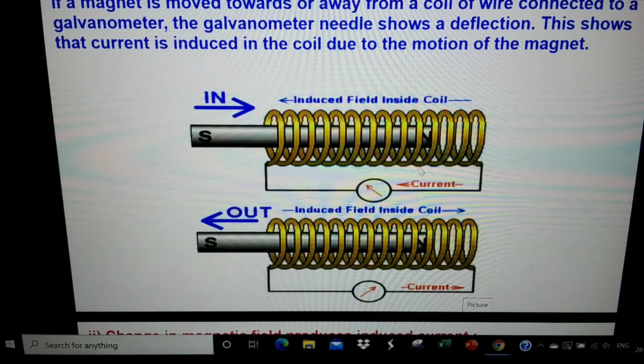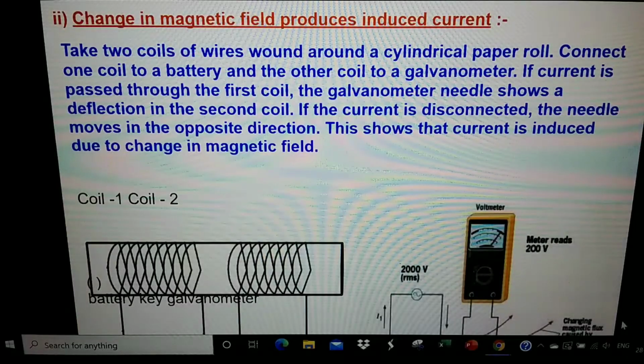When the north pole is pushed inside, the current direction will be shown. When the north pole is moving out, it shows the current direction also in the opposite direction to the movement of the magnet. Change in magnetic field produces induced current.